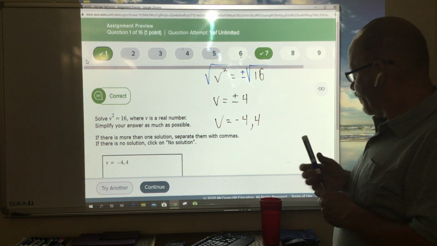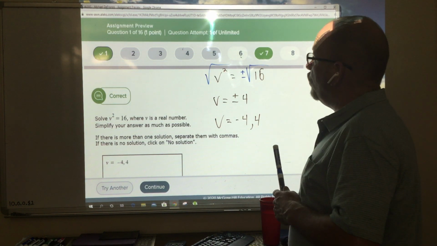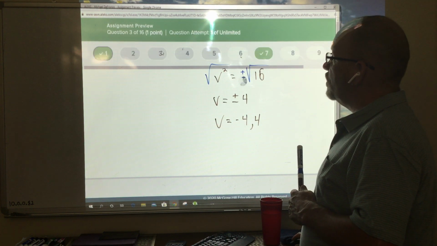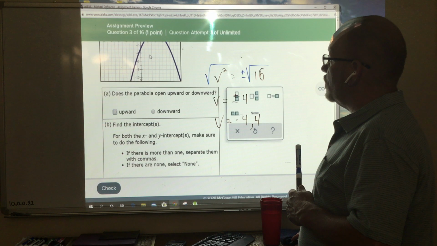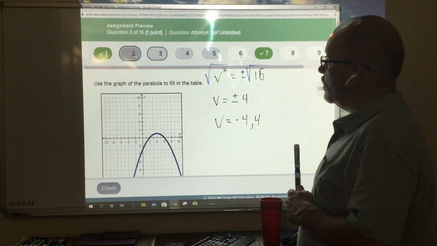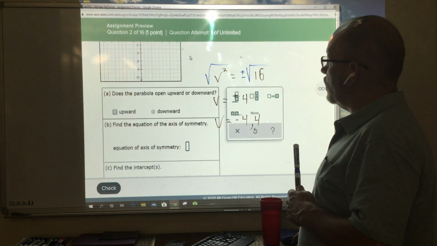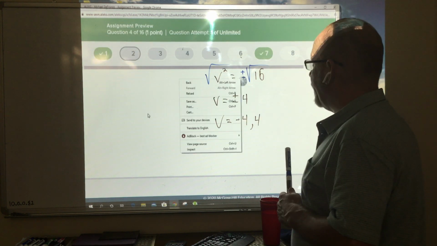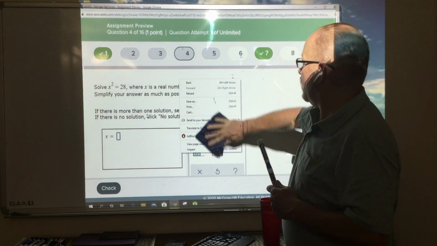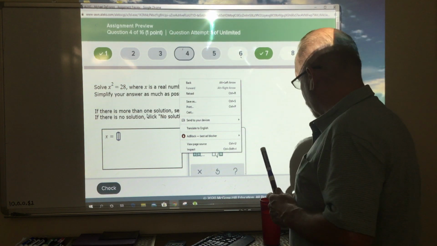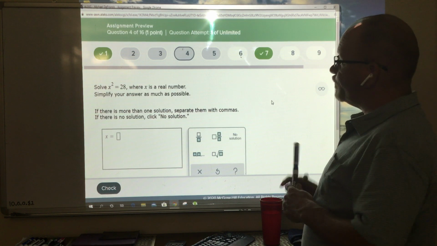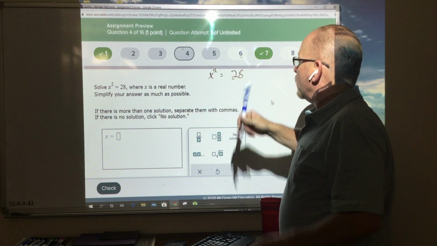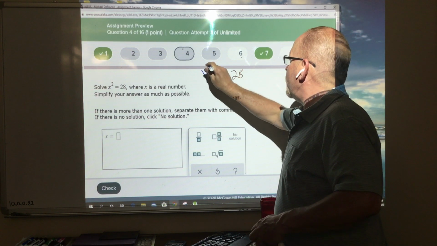Okay, well, suppose we had one that wasn't a perfect square. So here you have x squared equals 28. You're going to take the square root of both sides.